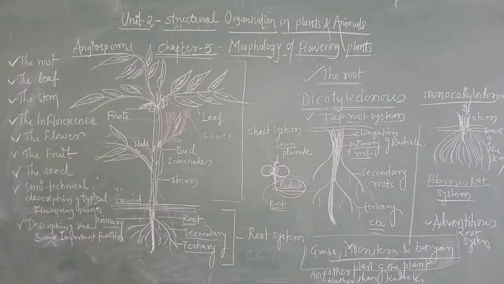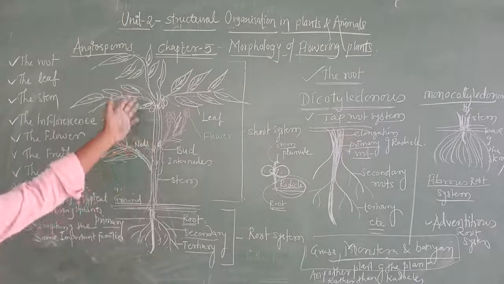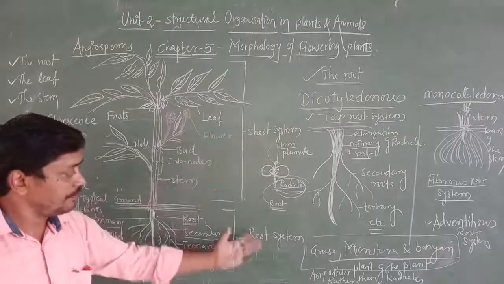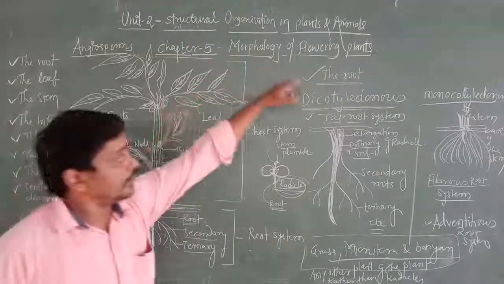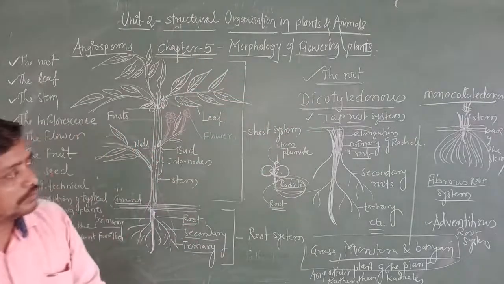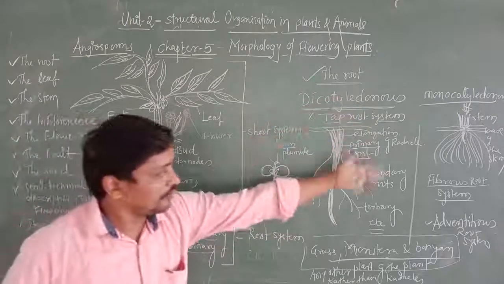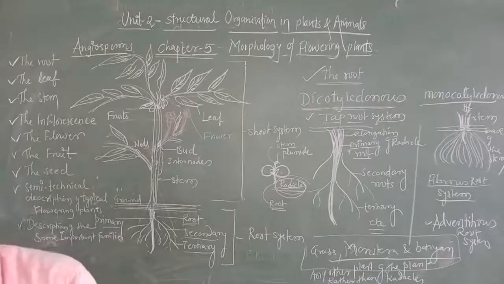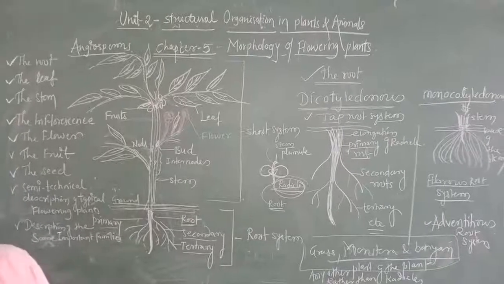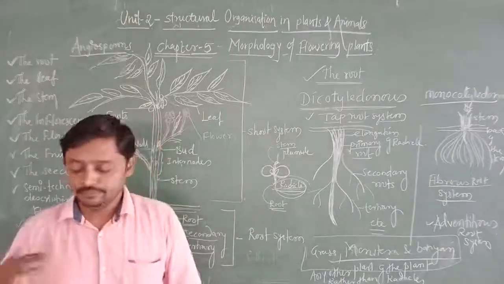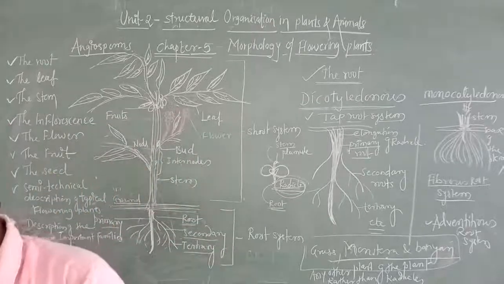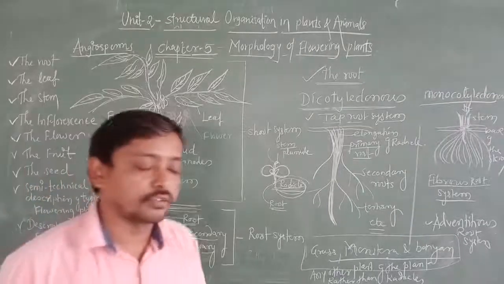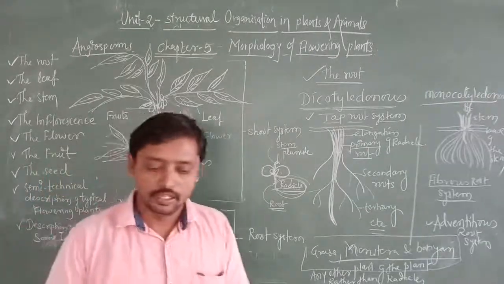So far we have studied the morphological characters of a plant, the shoot system and the root system, and in the root we have studied the monocotyledonous root, the dicotyledonous root, their taproot system, fibrous root system, and then the adventitious root system. I will continue in the next class with the regions of the root. I will stop here. Thank you.